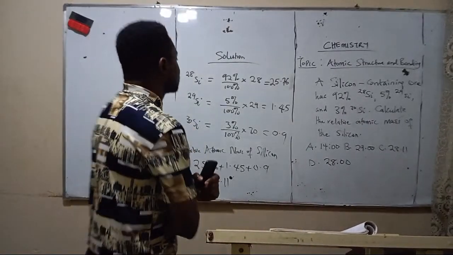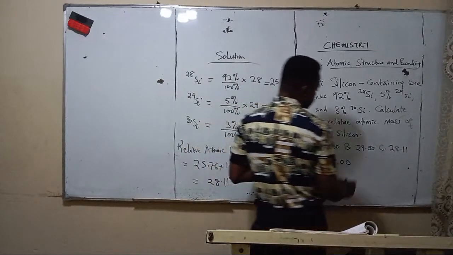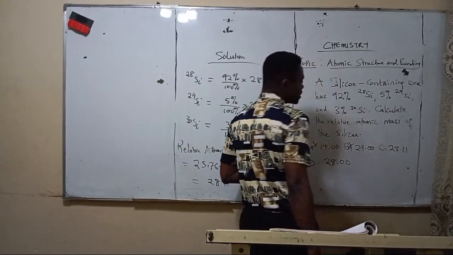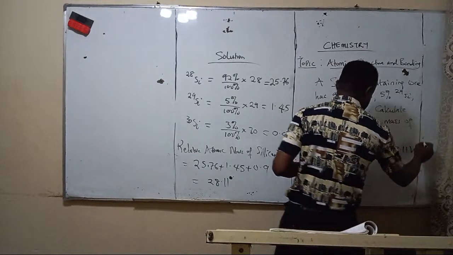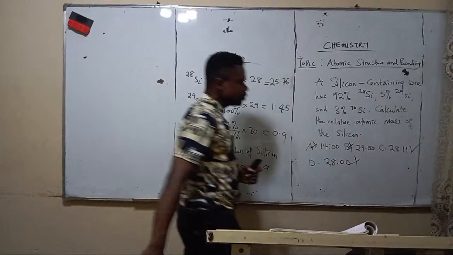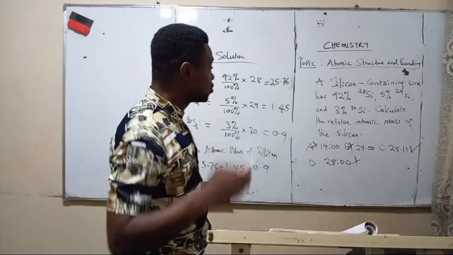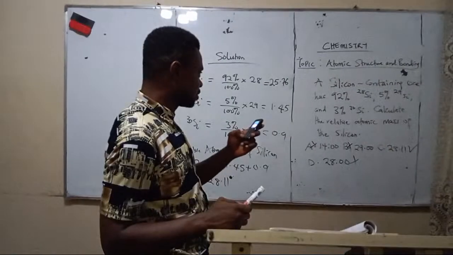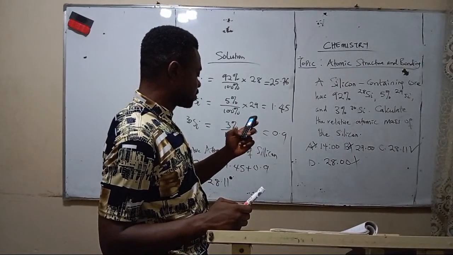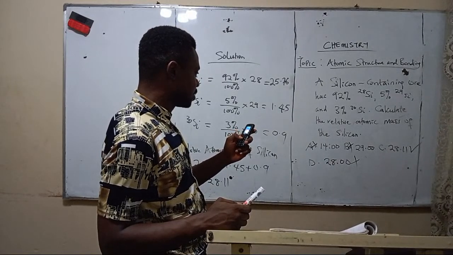So let's look at the options. Option A says 14.00, no. B says 29.00, no. C says 28.11, correct. D said 28.00. There's something I want to do now. Watch out. 28 plus 29 plus 30 divided by 3.